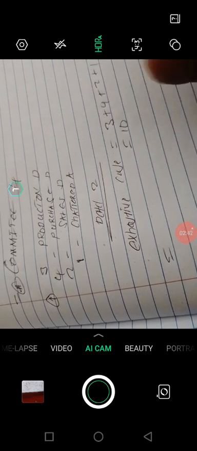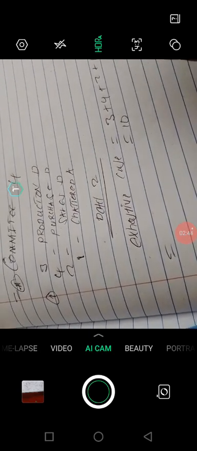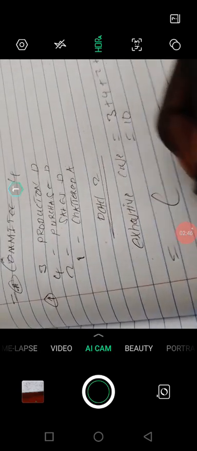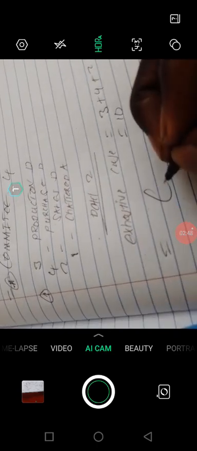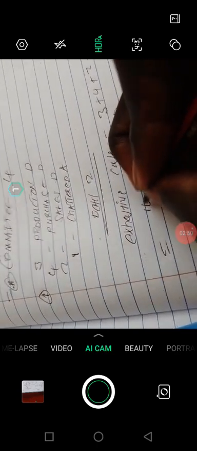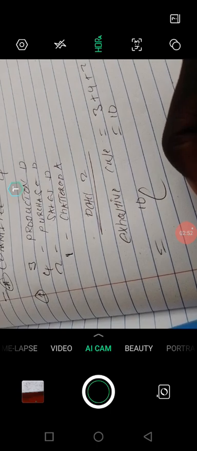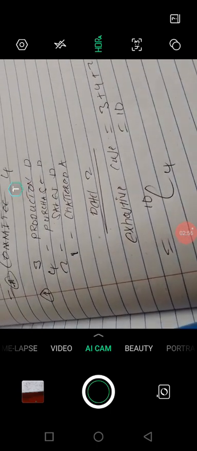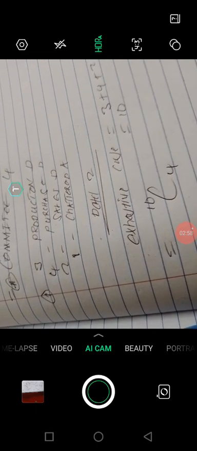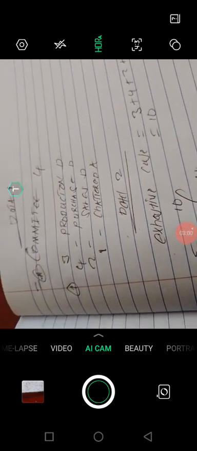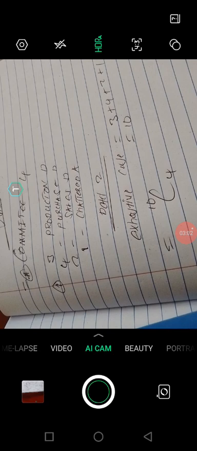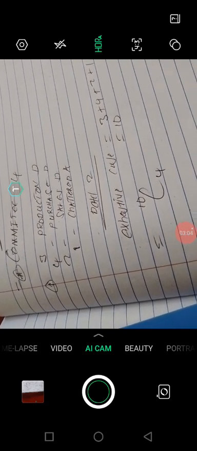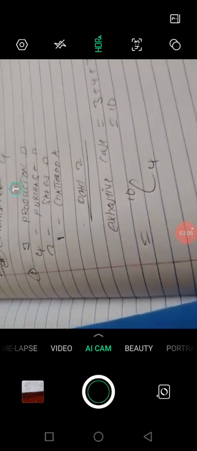Know that this question is a combination question, so the exhaustive case is 10 combination 4. 10 is the total number, and 4 is the number of people needed for this committee.